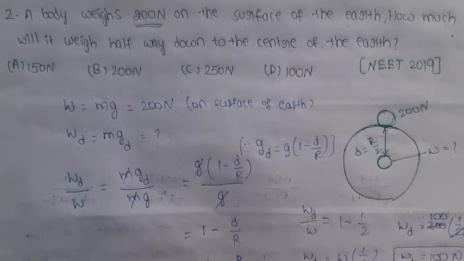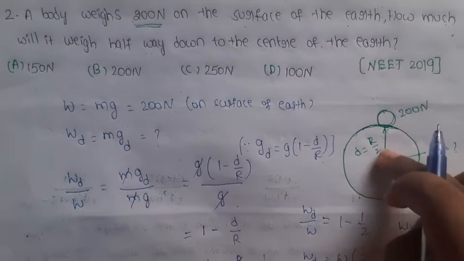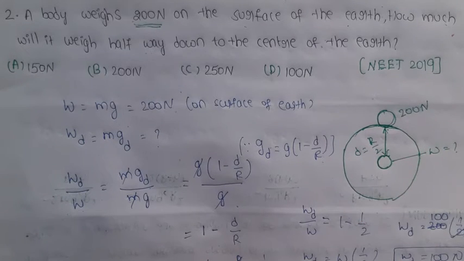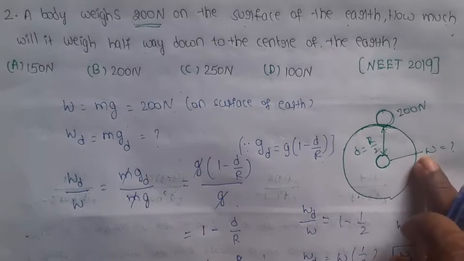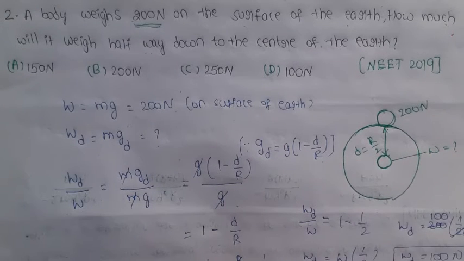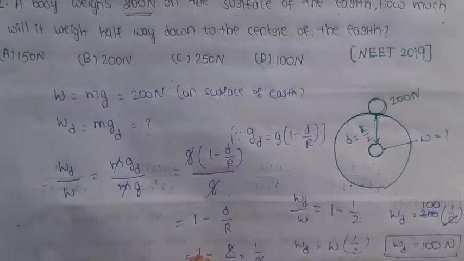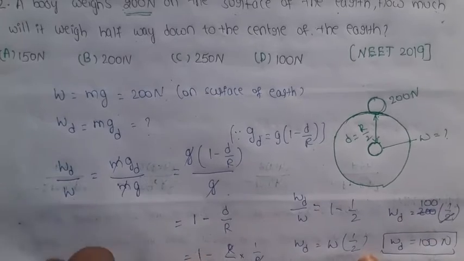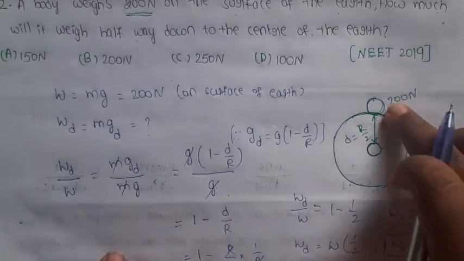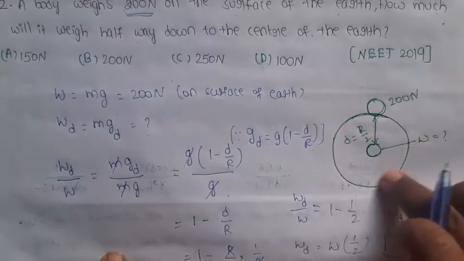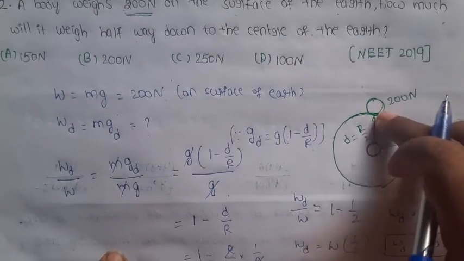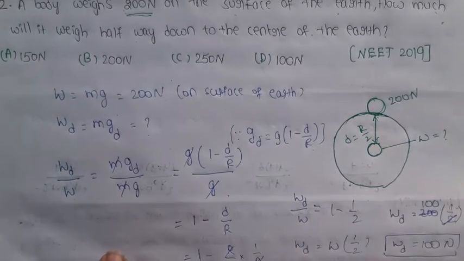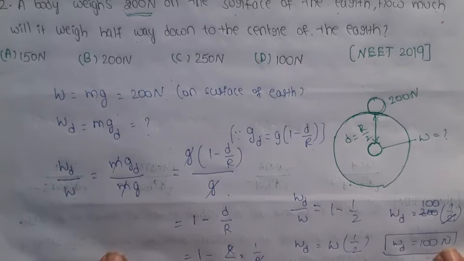So when the object is placed at the center of the earth, the weight of that object decreases, but mass does not change. The weight of the object changes. So 200 Newton when the object is placed on the surface. The same object will move to the center of earth, so the object weight will be 100 Newton.